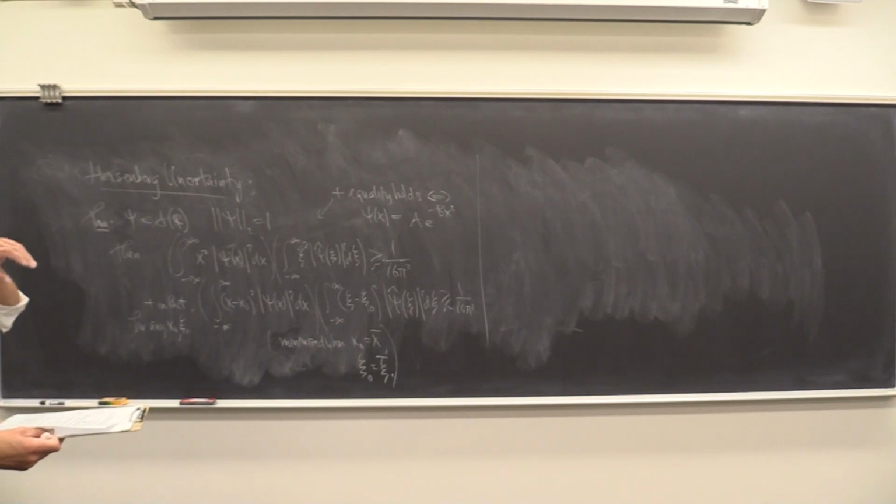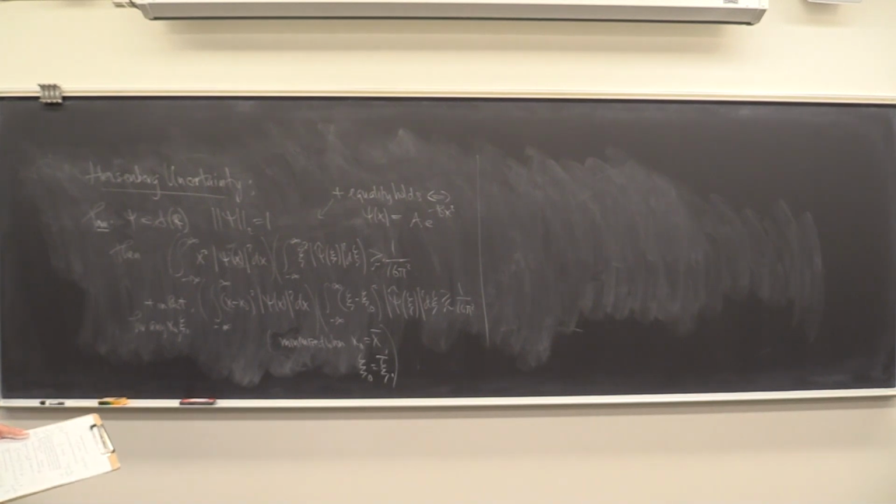They're not as good as the Gaussian, but they are pretty good. Well, it makes sense because then both the terms in the integral are the same. And it's 1 over 4 pi squared.